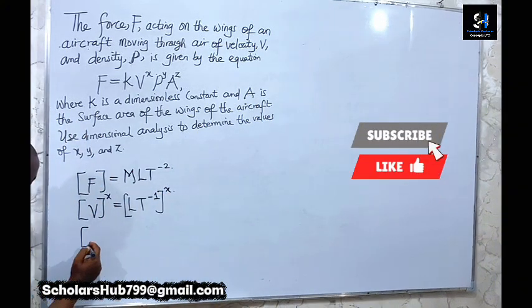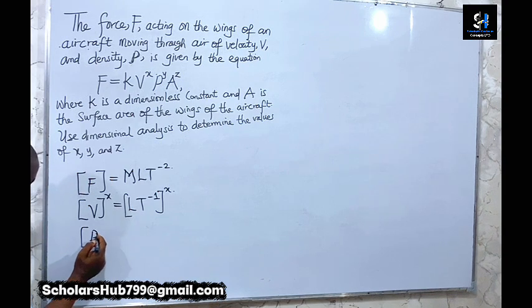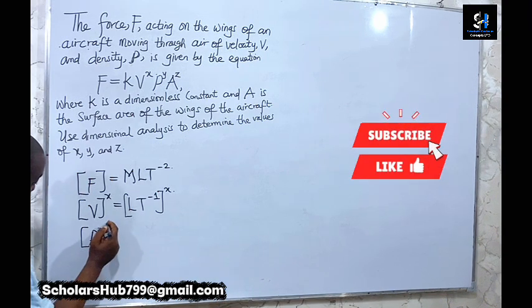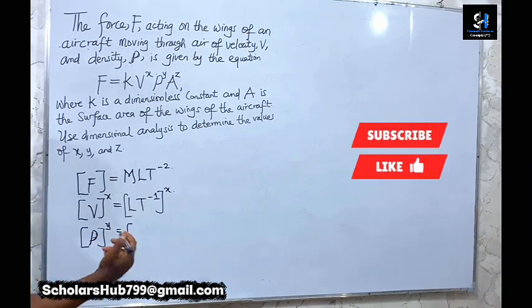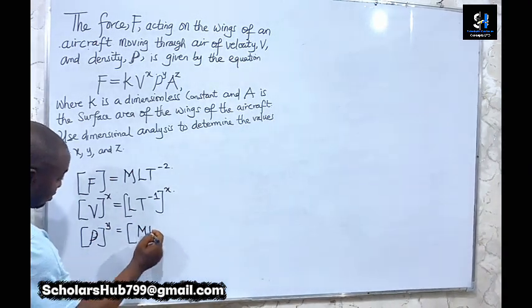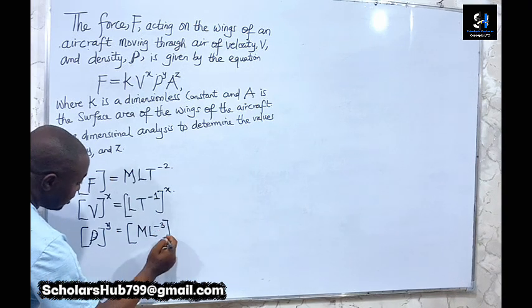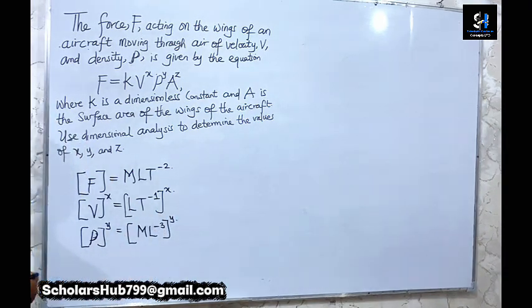Then the dimension of density raised to the y: density is mass per unit volume, so it will be ML^-3, all raised to the power of y.